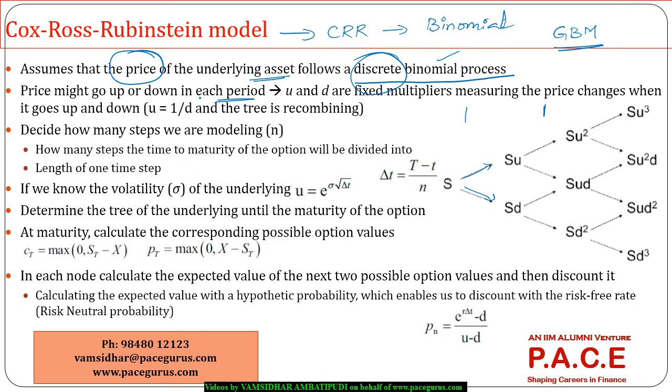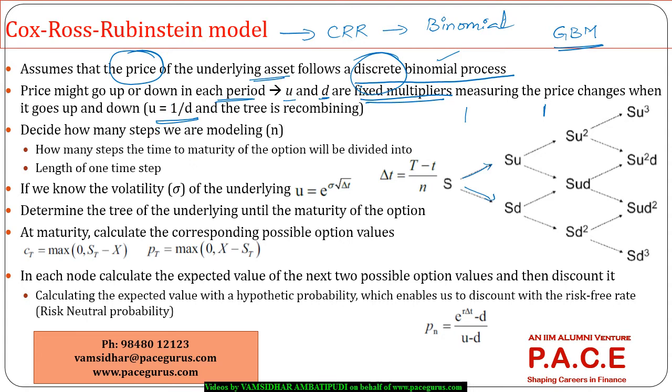And the rate at which the price goes up, the factors of change up and down, are specified by U and D. U indicates the factor by which the price goes up. D indicates the factor by which the price comes down. But as per this model, U and D are fixed multipliers. And there is also a kind of linkage between U and D. U is the reciprocal of D and vice versa.